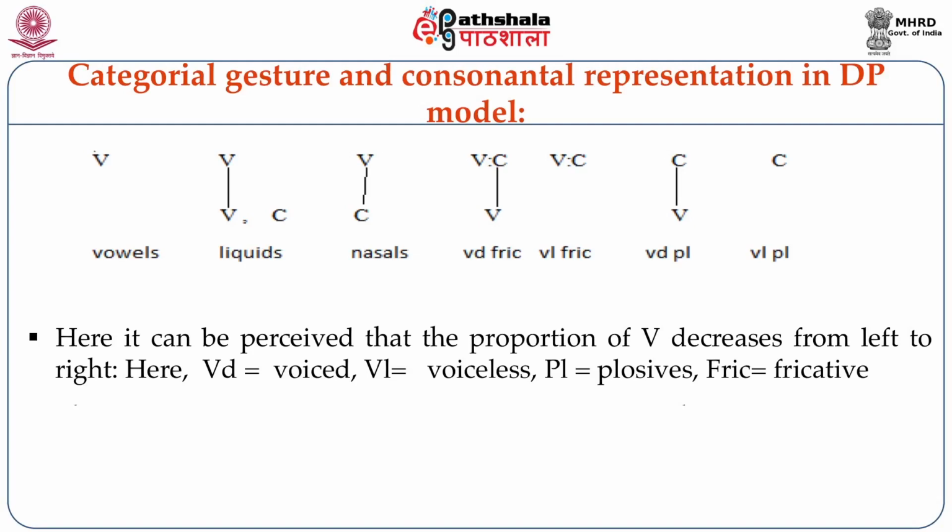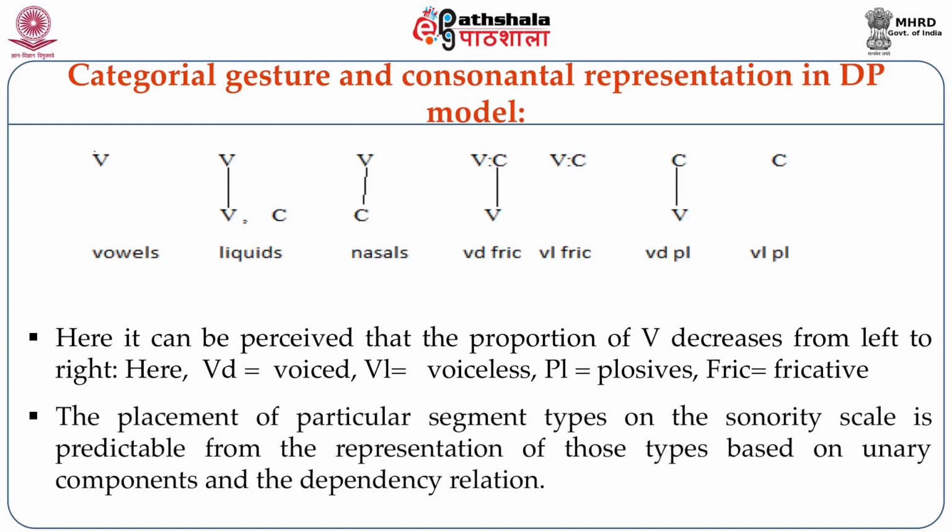Here I have already given the notation and the levels. The placement of particular segment types on the sonority scale is predictable from the representation of those types based on unary components and dependency relations. So the relationship of sonority and salience gets very clear representation in terms of DP modules.